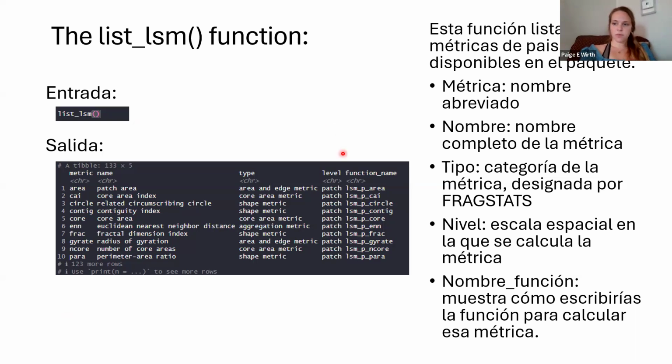The level here, which is the spatial scale that the metric is calculated to, and then the function name, which shows how you will call the landscape metric in R.